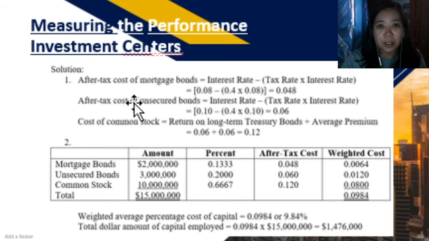First, before we go to the determination of your economic value added, we will compute the weighted average cost of capital. So we will determine each of the sources. Based on the problem, they have three sources. The first source is mortgage bonds.